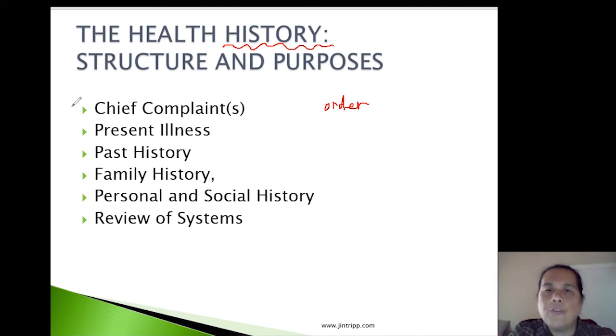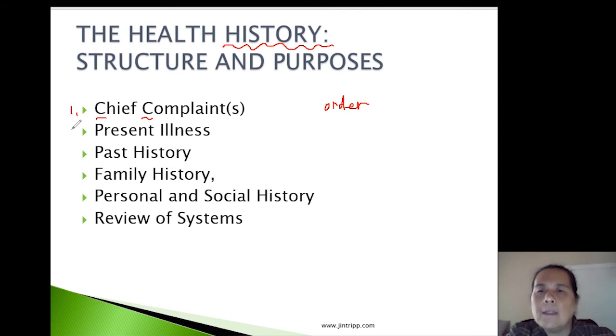The first one we certainly need to ask is the patient's chief complaint. Sometimes we just use double C. Chief complaint means what the patient is mainly looking for treatment for.